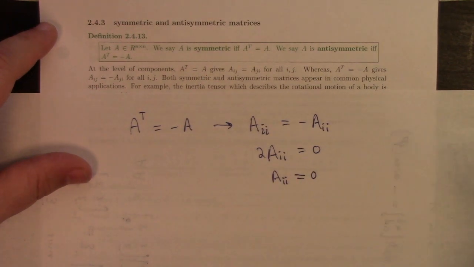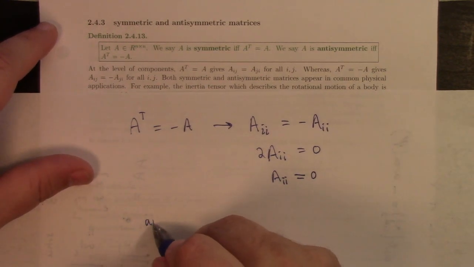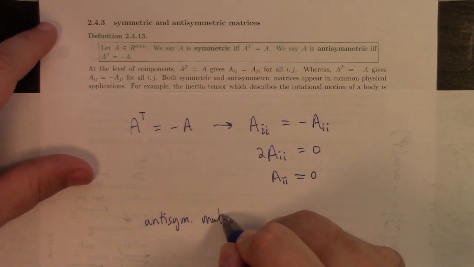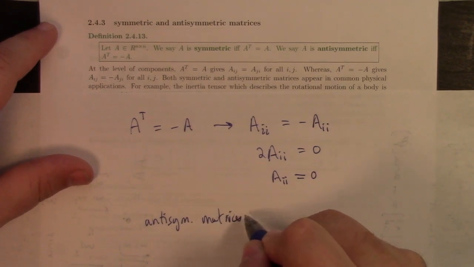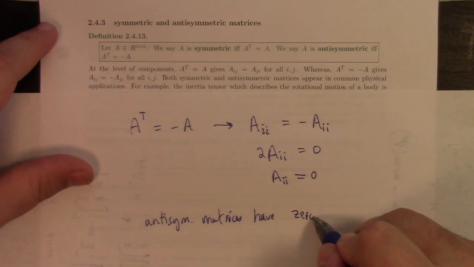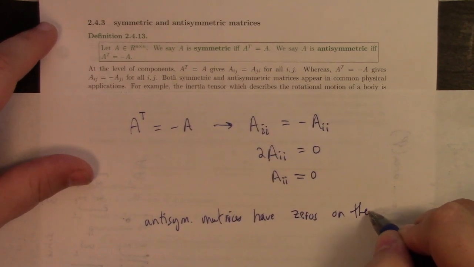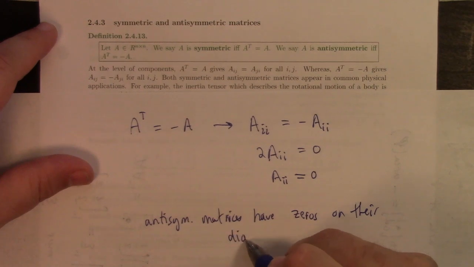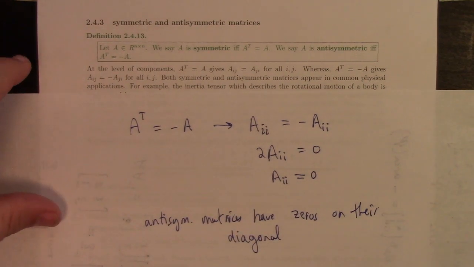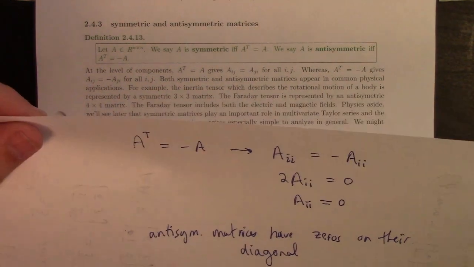In other words, anti-symmetric matrices have zeros on their diagonal. So that's a useful fact.